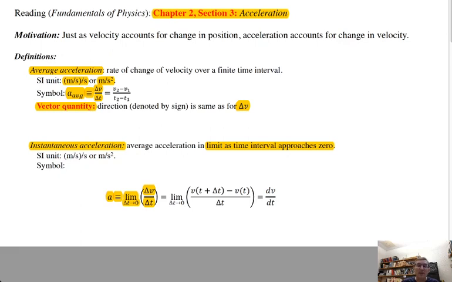V initial means velocity at time t. V final means velocity at time t plus delta t. So the numerator is v final minus v initial. We divide by delta t and take the limit as delta t goes to 0. The assumption is that the limit is well defined and finite, and whatever we get out from taking that limit will be the acceleration of our particle at time t.